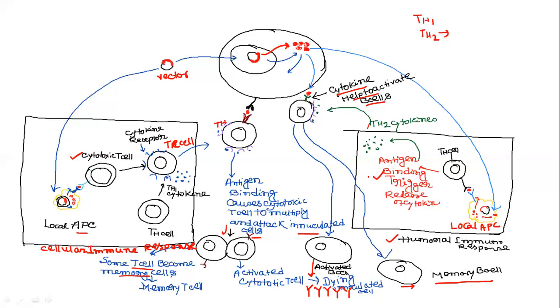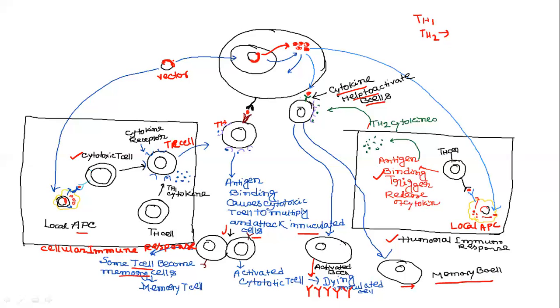Now first of all, you have to construct a vector. The vector should contain your insert. The insert is the gene of interest. Suppose you want to develop antibody against the spike protein, so you have to insert the spike protein gene into the vector, right?